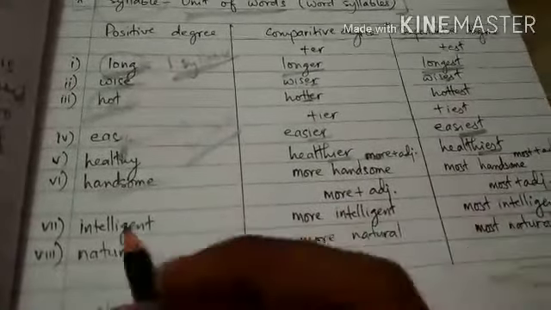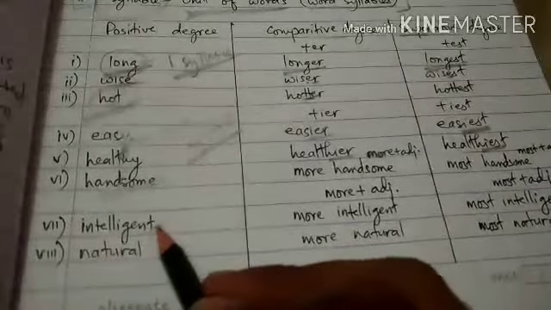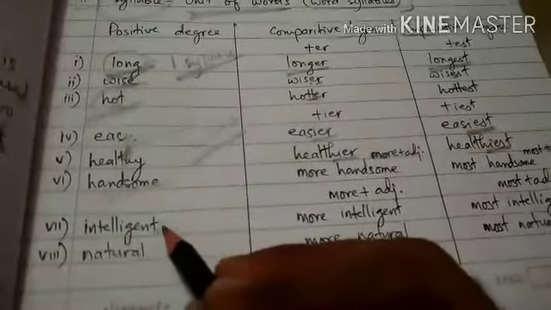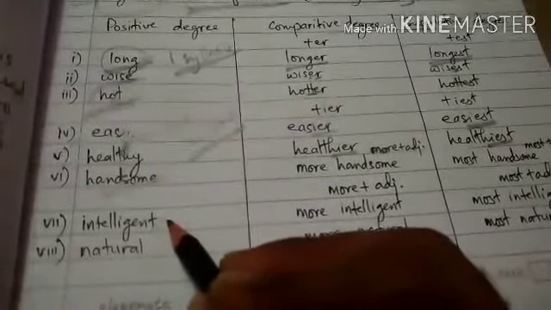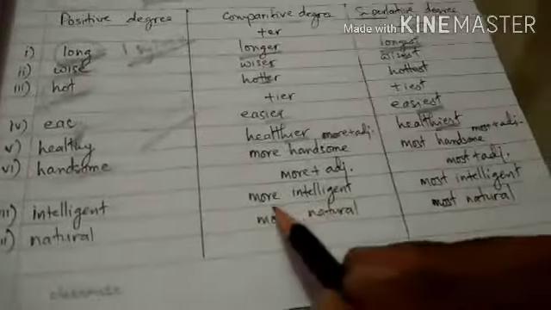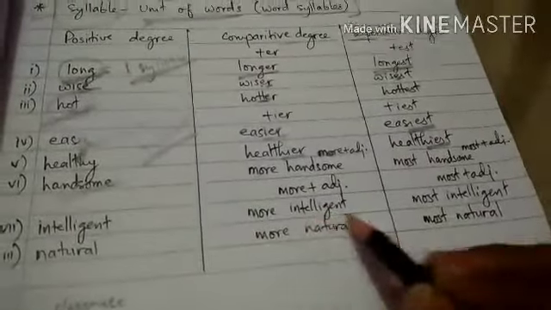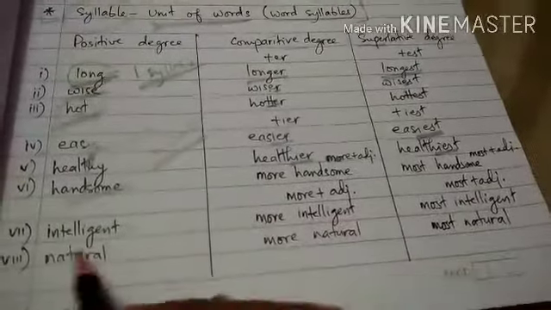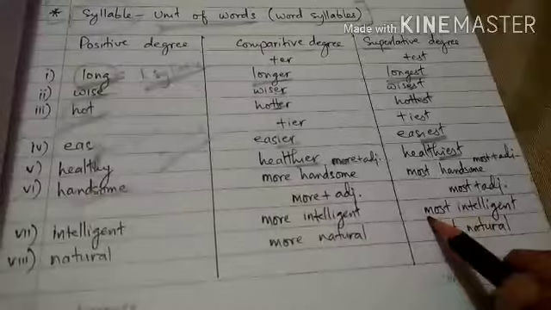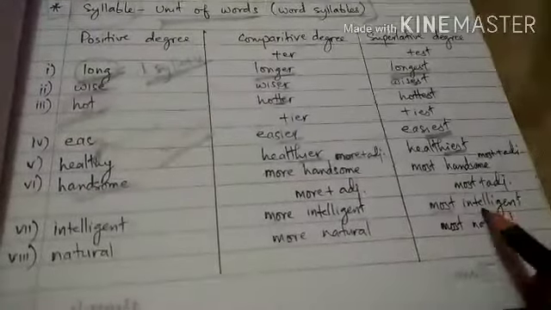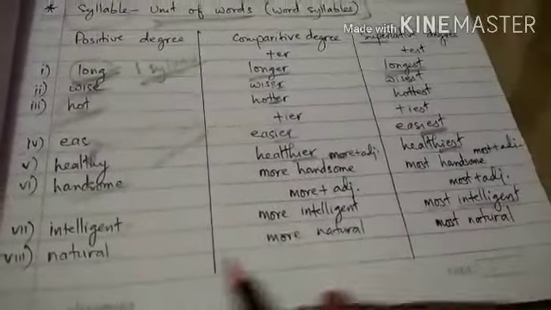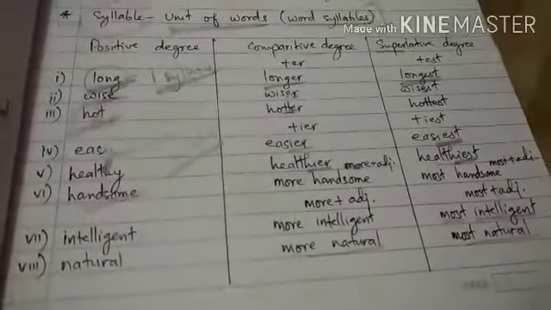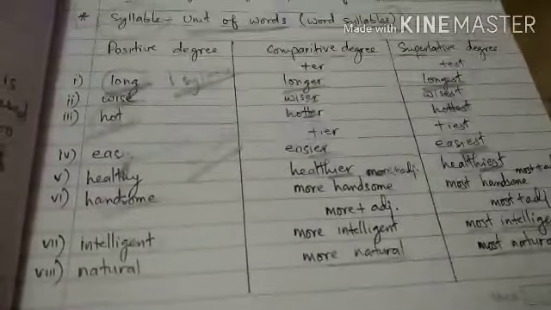Okay, so अगर कोई भी adjectives ट्राइसिलेबिक हो और उससे ज्यादा सिलेबल वाला वर्ड हो तो उसमें हम फिर से मोर प्लस द सेम एडजेक्टिव एंड मोस्ट प्लस द सेम एडजेक्टिव, लाइक इंटेलिजेंट मोर प्लस सेम एडजेक्टिव इंटेलिजेंट, एंड इन सुपरलेटिव डिग्री मोस्ट प्लस इंटेलिजेंट, मोस्ट प्लस सेम एडजेक्टिव इंटेलिजेंट, natural, more natural, most natural. Understood, students? I hope you have understood the formation of degrees of comparison of adjectives.